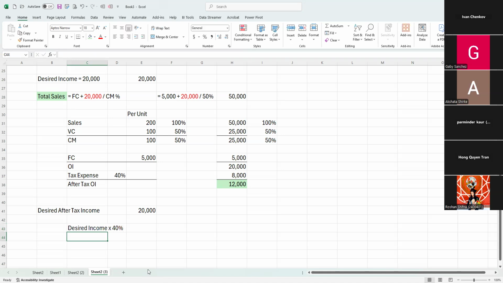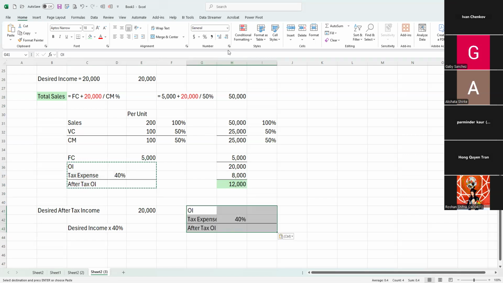Okay, let's see if that's gonna happen. So now we need only this calculation, correct? So basically I need only this part. Control C and I flip it here. Control V.